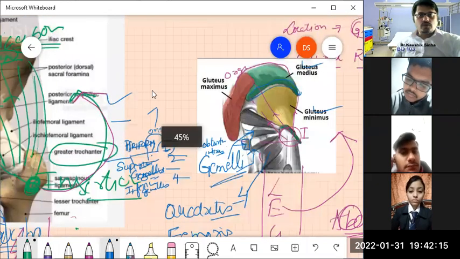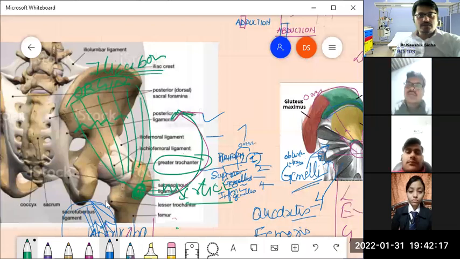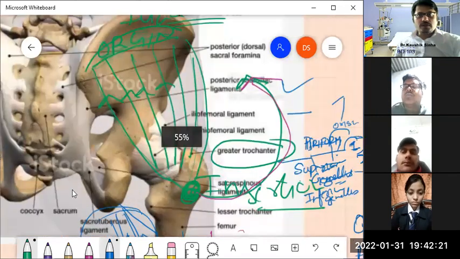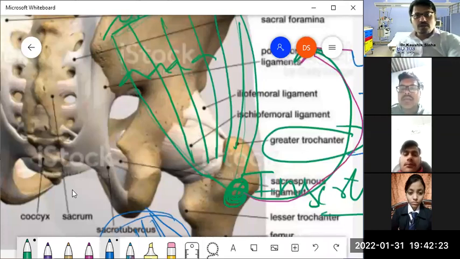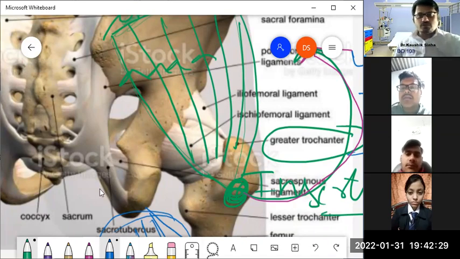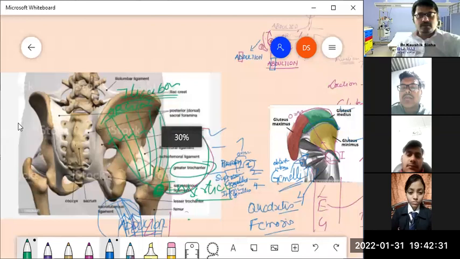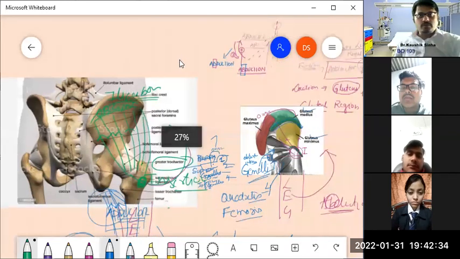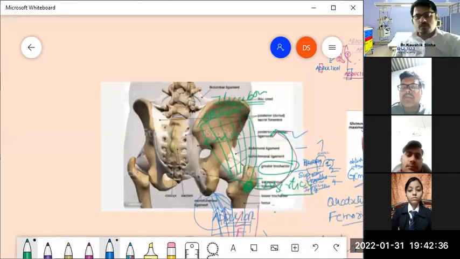So let me show you the hip bone present on the side. See that there is a foramen out here. Obturator foramen is the foramen that is present on the anterior aspect. If I could have shown you an anterior diagram, then the obturator foramen would have been even more clear to you. But I think I have shown the obturator foramen even before. Let me check whether I'm getting a diagram of the obturator foramen or not.